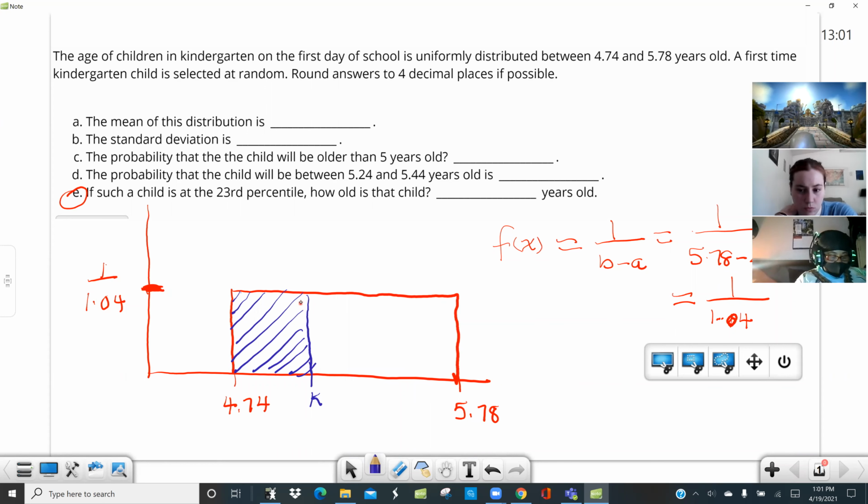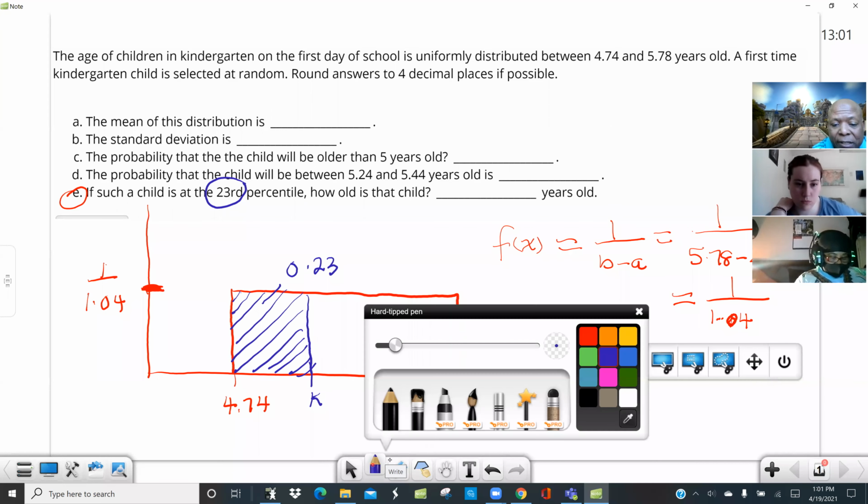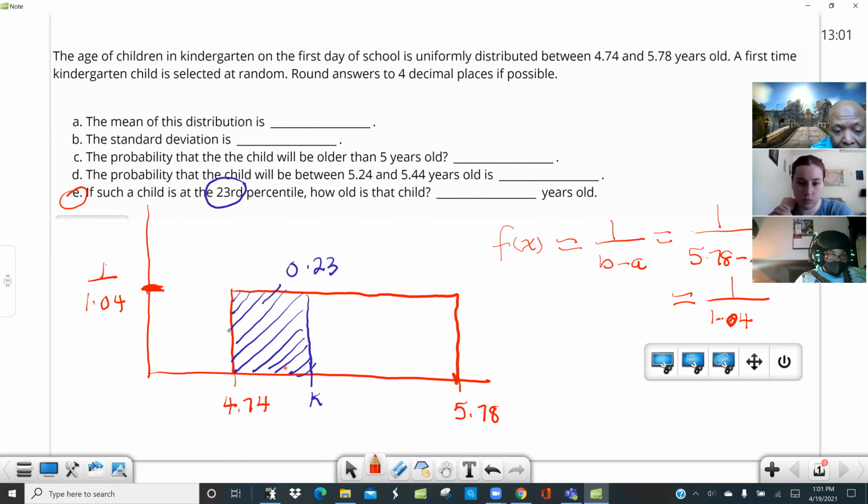And that area is 0.23, because it is talking about the 23rd percentile. So in essence, you're asking yourself, what must K be so that the area which I've shaded is equal to 0.23? And to recover that K, let us first start by asking ourselves, how do we find the area of that thing?